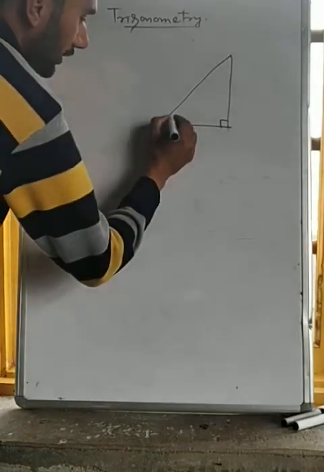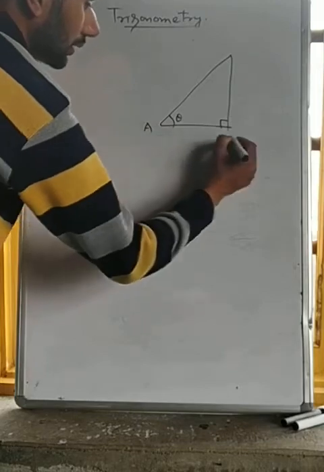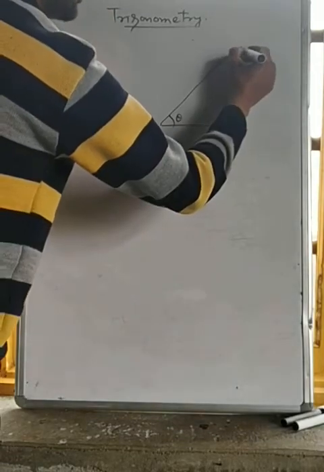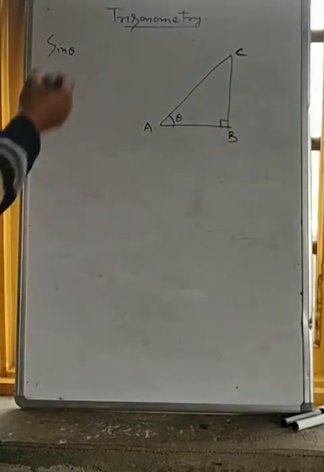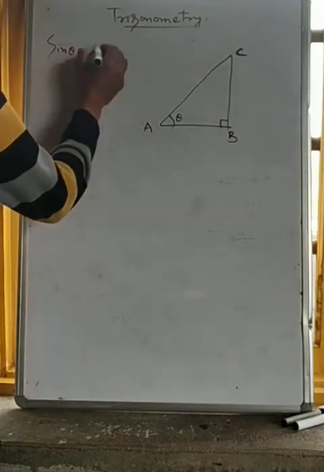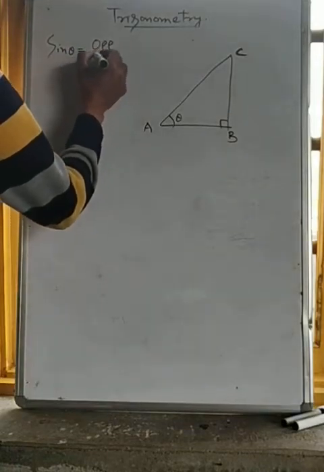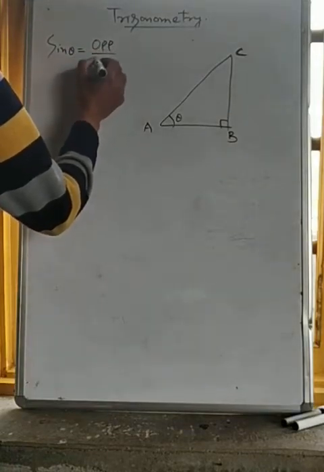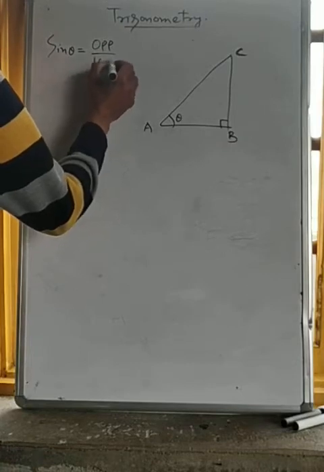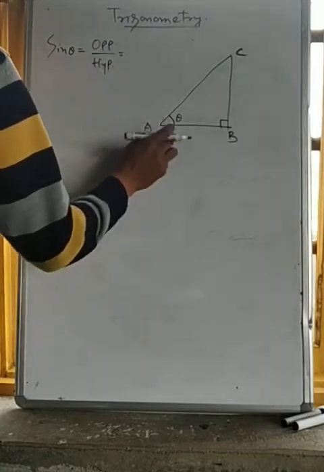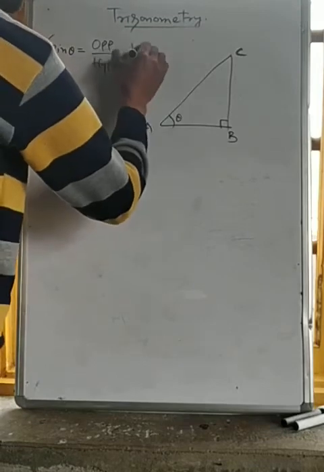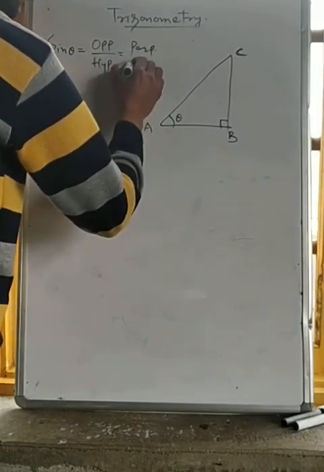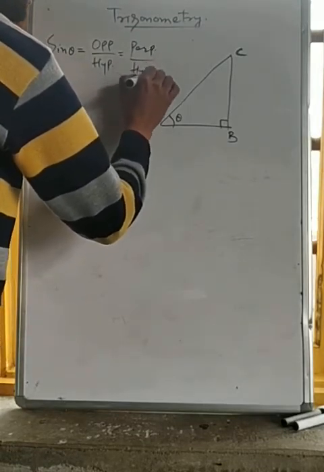Sin theta, let us assume this is theta. Sin theta is equal to the opposite side divided by hypotenuse. The opposite side of theta is also called perpendicular, divided by hypotenuse.